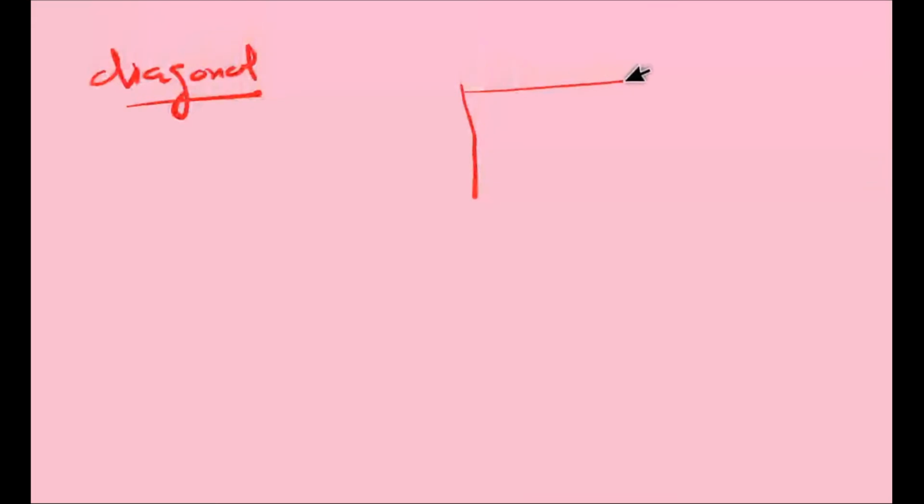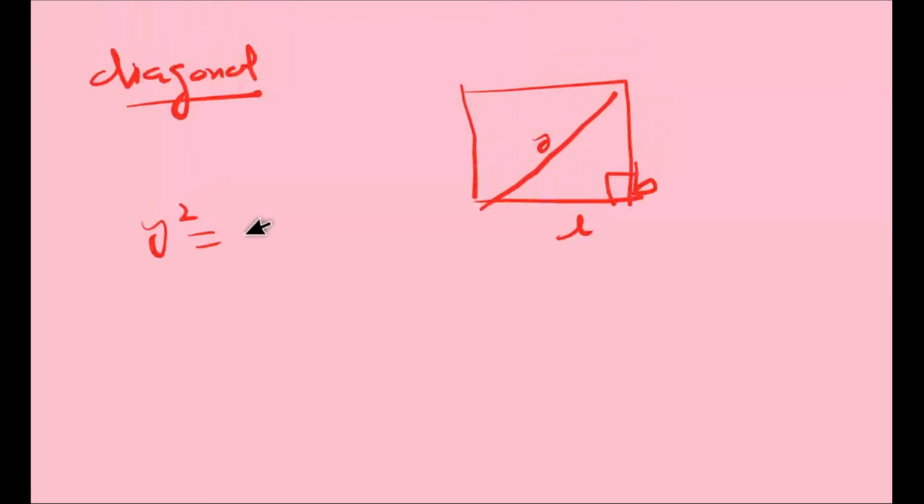Okay, now how will you find the length of the diagonal? You can see in this diagram it is LB, let it be y. Using Pythagoras theorem we can find y square equal to L square plus B square. Now this is the height of the cuboid, right?